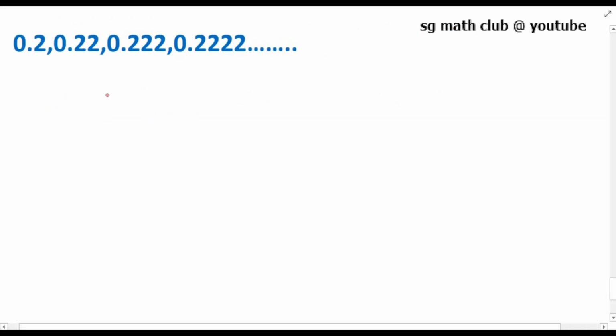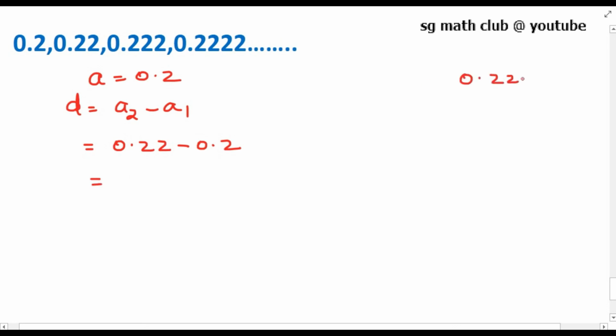So next, 0.2, 0.22, 0.222 and so on. The first term is 0.2. Again we need to find the common difference. A2 minus A1, 0.22 minus 0.2. When you subtract, you have 0.02.